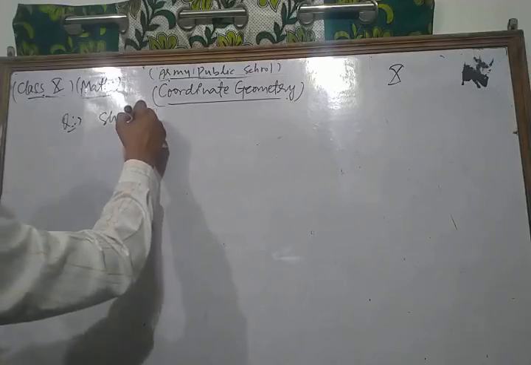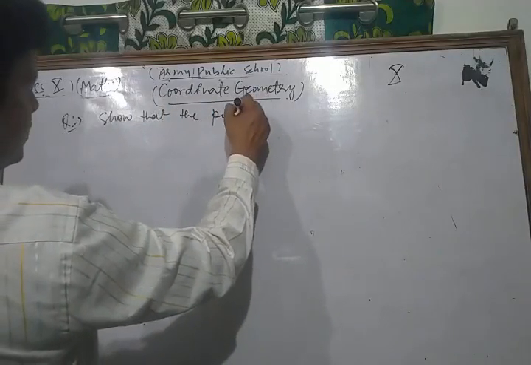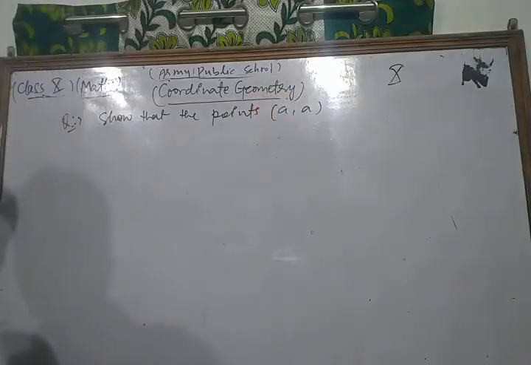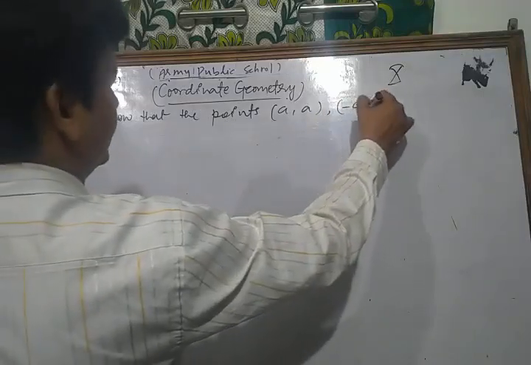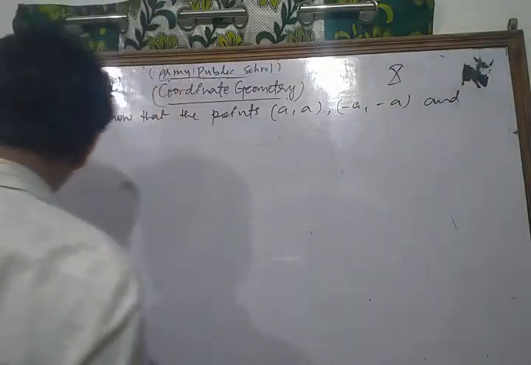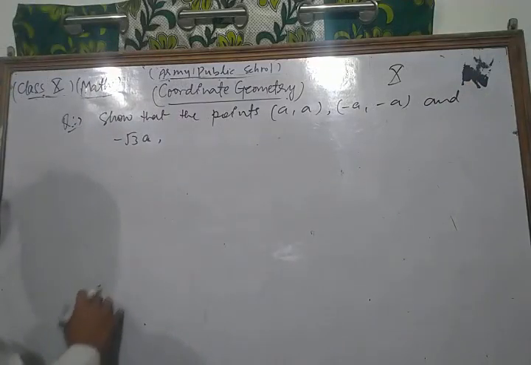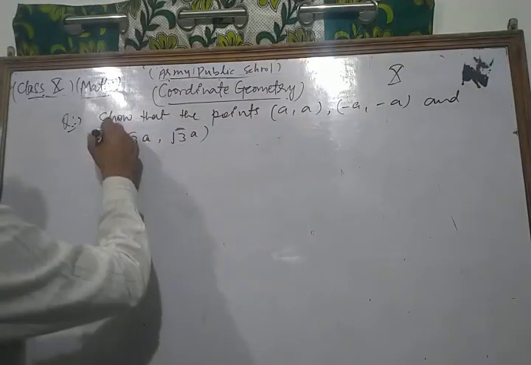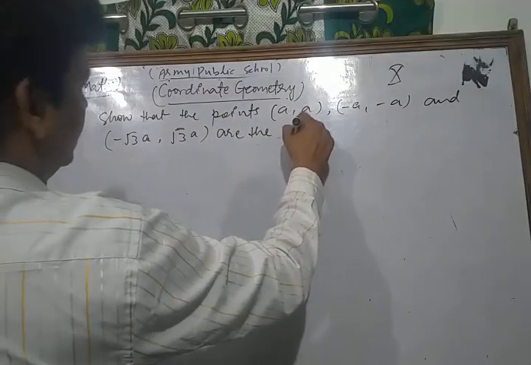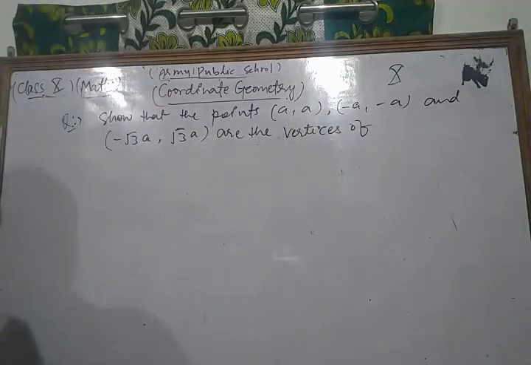Show that the points (a, a), (-a, -a) and (-√3a, √3a) are the vertices of an equilateral triangle.